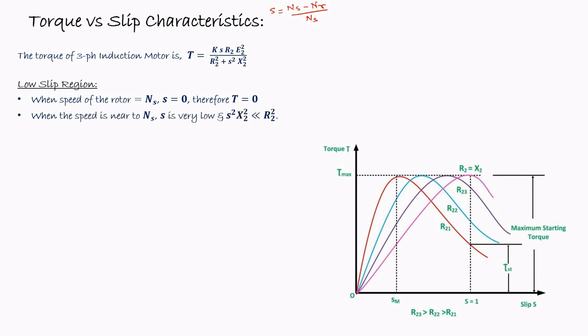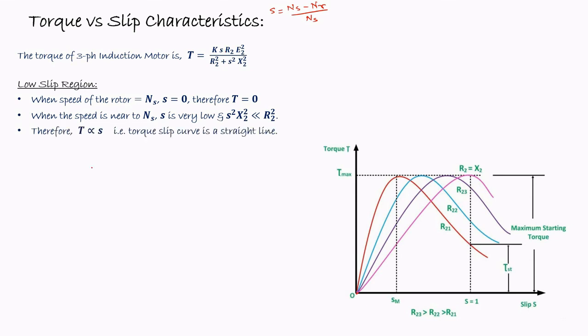And when the speed is near the synchronous speed, that means the speed of the rotor is very high, almost equal to Ns, therefore slip will be very low. So in the denominator, s square X2 square will be much less than R2 square. Therefore, we can ignore the parameter s square X2 square compared to the value of R2 square.